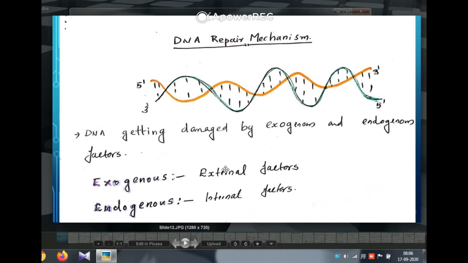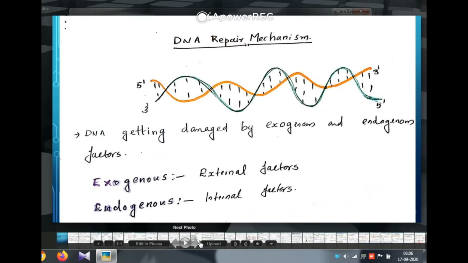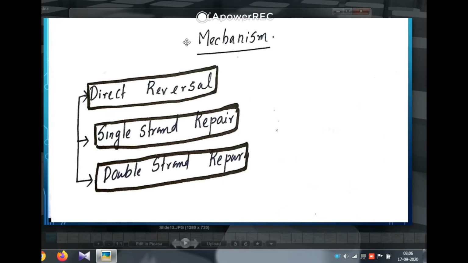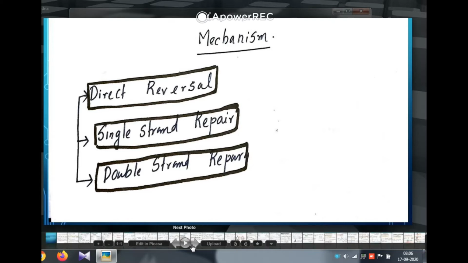In DNA repair, there are direct reversal, single strand repair and double strand repair mechanisms.